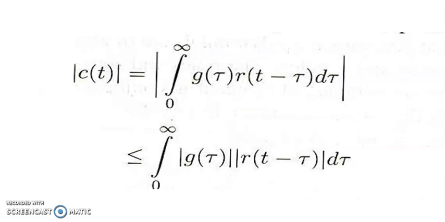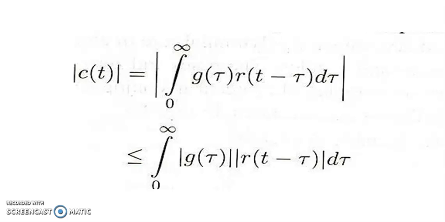If this is the case, the absolute value of c(t) is equal to the absolute value of the integral 0 to infinity g(tau) r(t minus tau) d tau. From the Schwarz inequality, this is less than or equal to the integral from 0 to infinity of the absolute value of g(tau) times the absolute value of r(t minus tau) d tau.